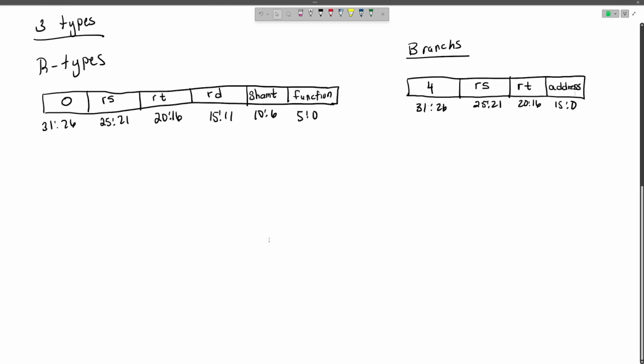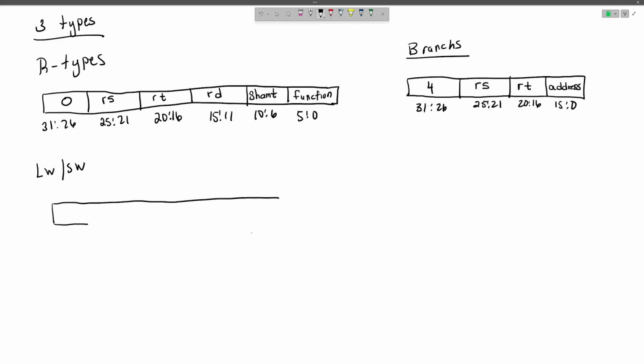And then for the last instruction, we have a load word or store word instruction, and it's going to be similar to our branch instruction. This one also has 4 sections. But if my opcode is 35 or 43, then it's classified as a LW or SW function.